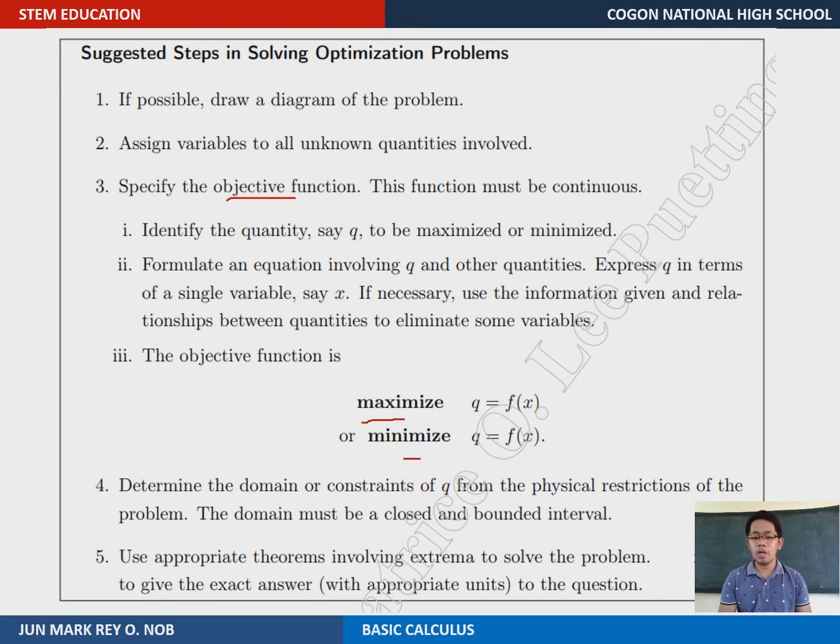After that we determine the domain or constraints of the objective function. In this case, the domain should be a closed and bounded interval. And lastly, we use the extreme value theorem to get the minimum and maximum value of the objective function. Are you ready? Alright, let's answer some of the problems.